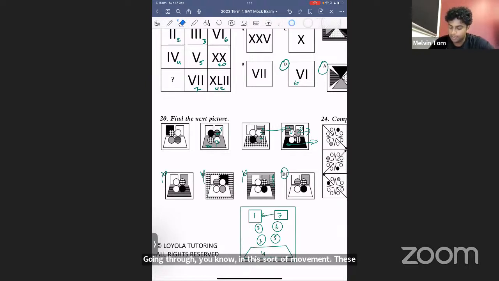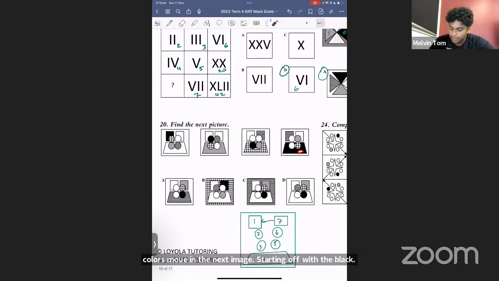So with that information, let's figure out how the colors move in the next image. Starting off with the black, we know the black is in the bottom position here, and from there, it has to go there, right? From 4 to 5 there. So the answer can't be B, but it can be A, C, or D.